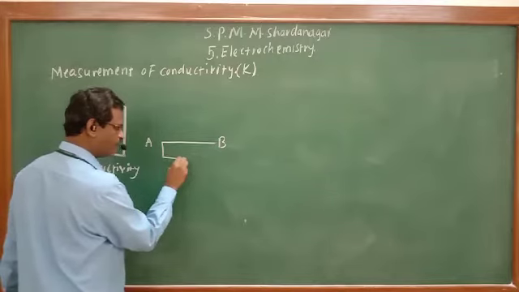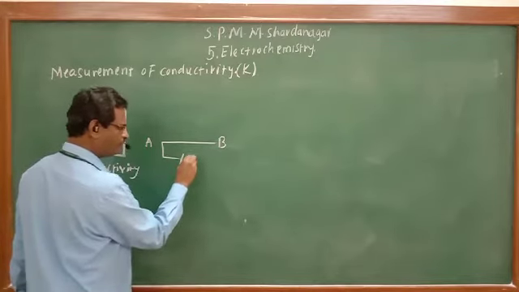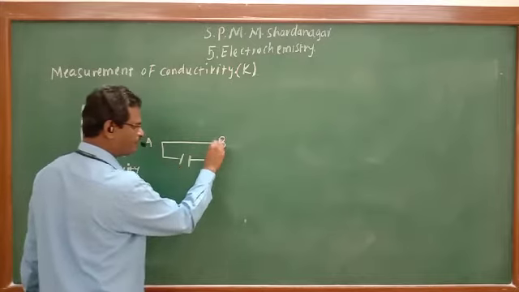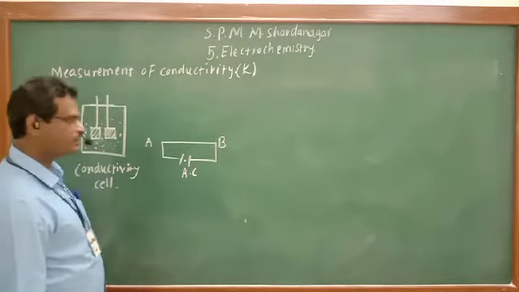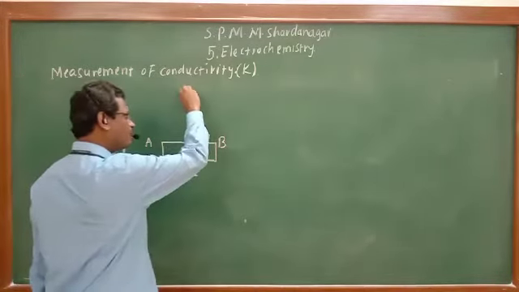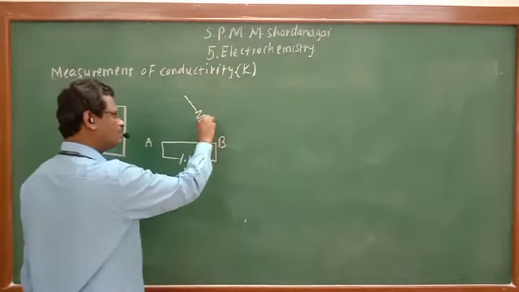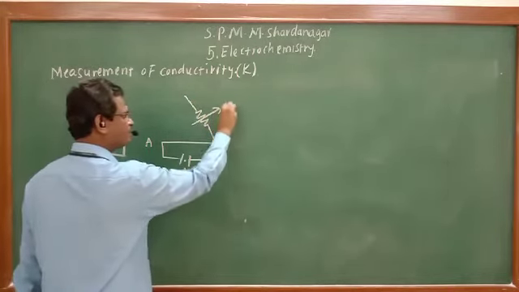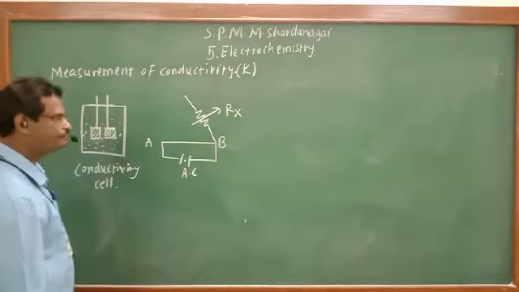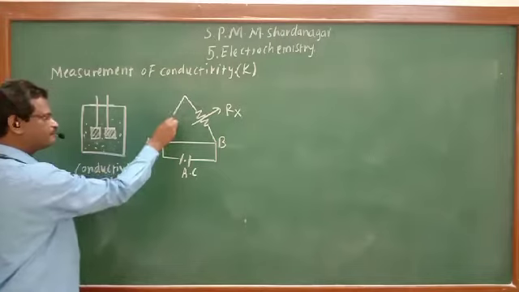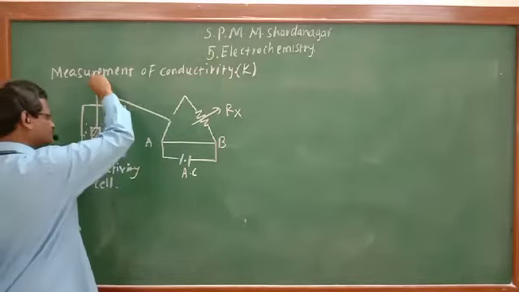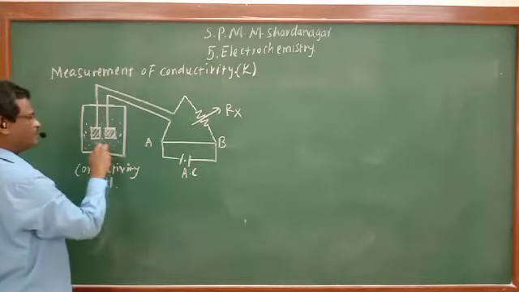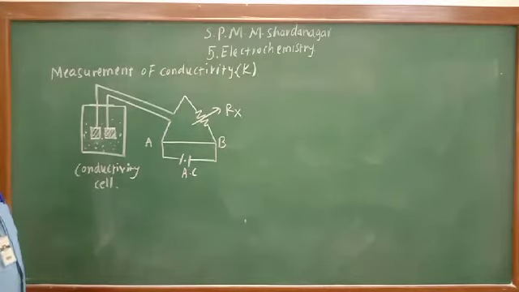It is associated with the source of alternating current, AC. In its one arm, a known variable resistance is placed having the value Rx. In the other arm, the conductivity cell is placed, where the solution is taken of which conductivity is to be measured.